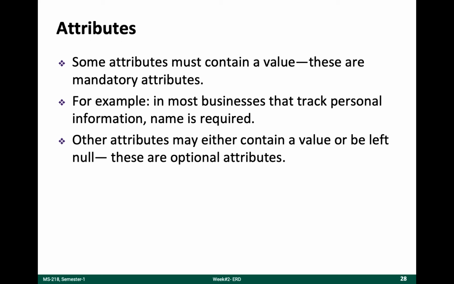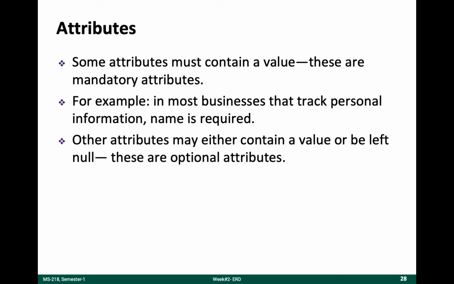These are optional attributes. So in the diagram, where there is an asterisk with some attribute name, it means that this attribute is mandatory. You are defining that this attribute must be entered. This value should be entered whenever there is new data.